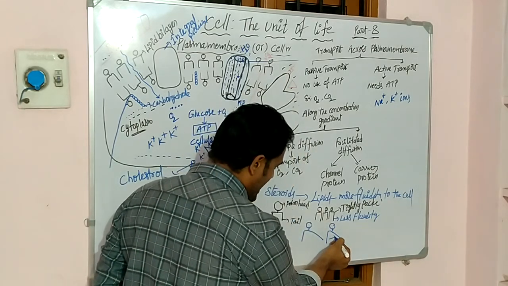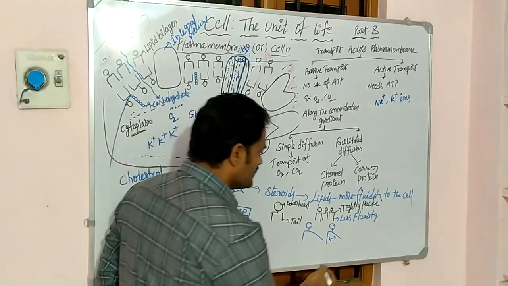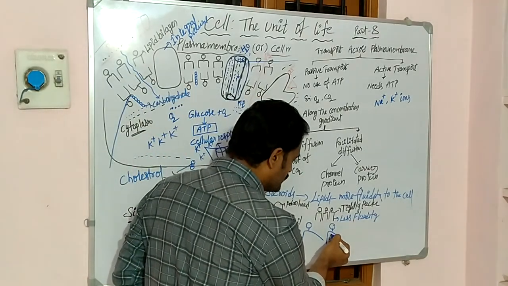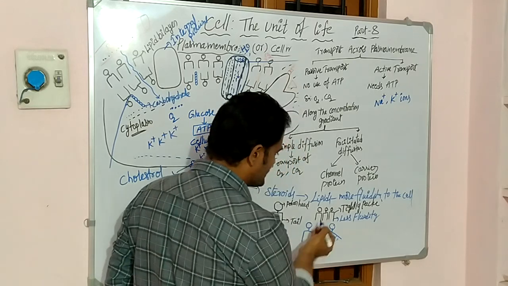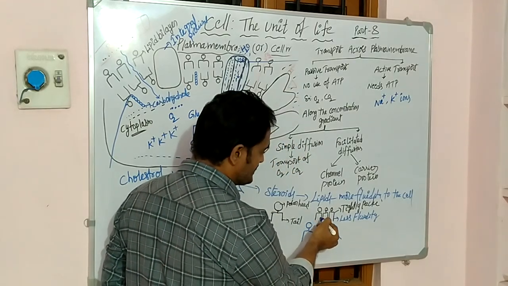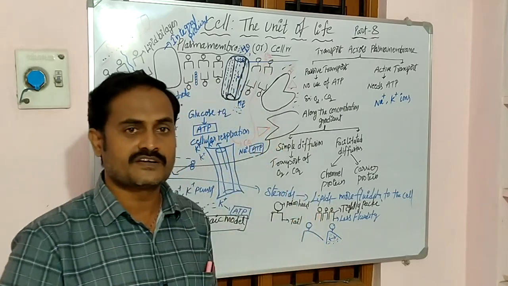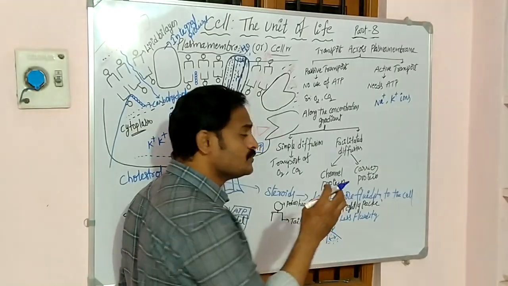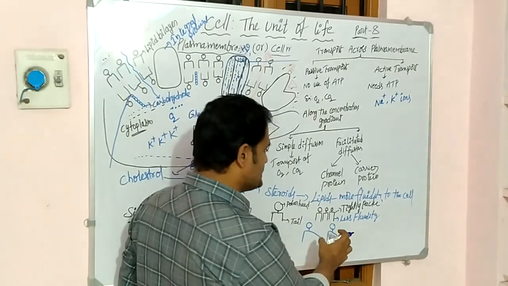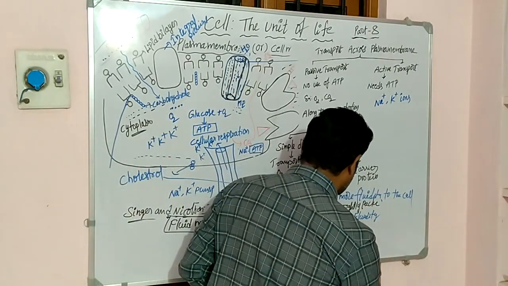In this gap they hold more fluid. Compared to the tightly packed ones, where there is only a little space between the tails, here they have more space. For that reason, they hold more fluid. So this kind of lipids has more fluidity.